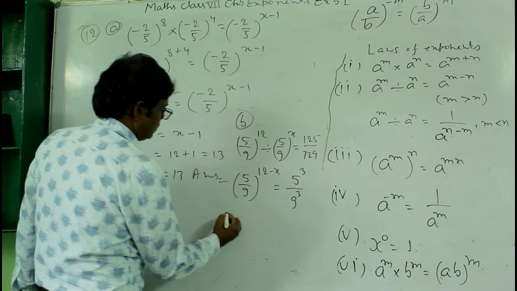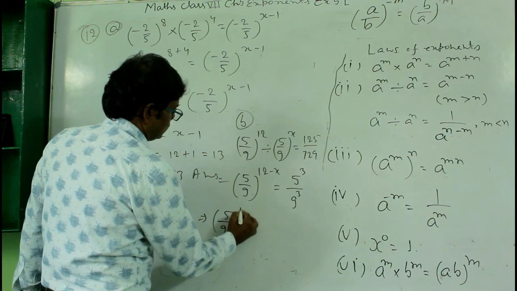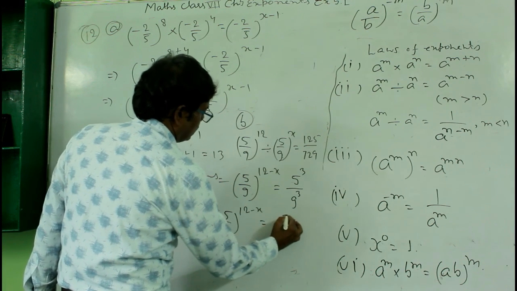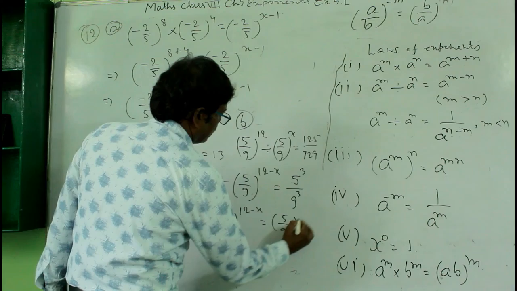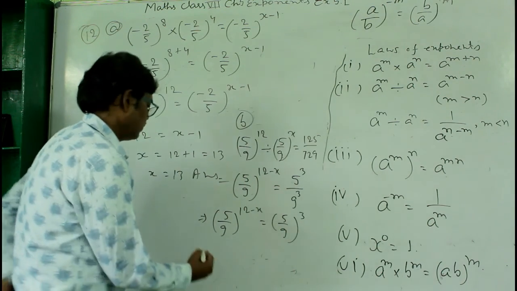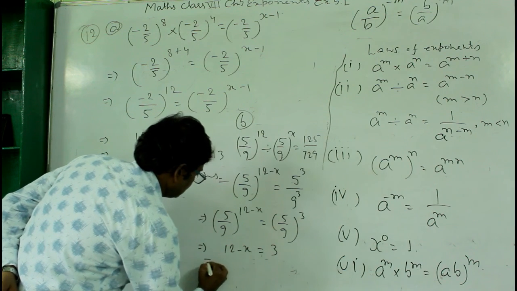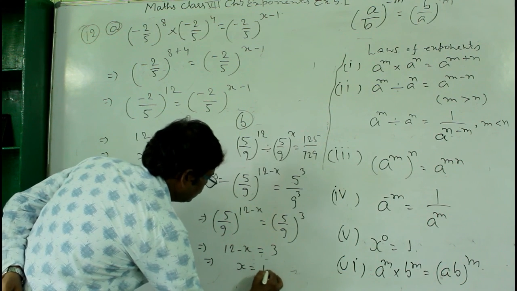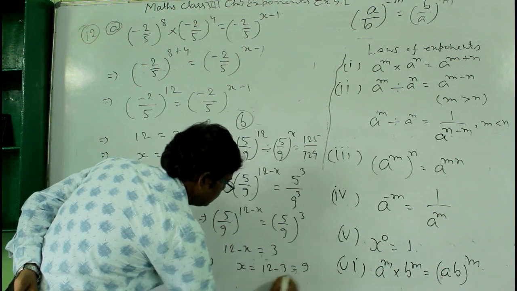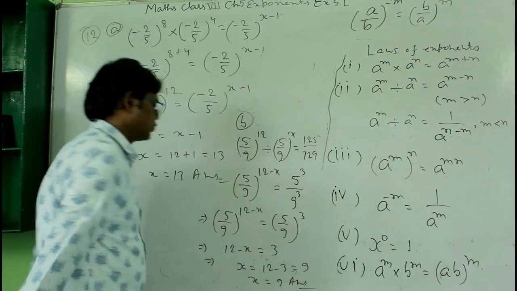So then you have 5 by 9 to the power 12 minus x equal to 5 by 9 to the power 3. Now again the base is equal, so the powers will be equal. Then this implies x equal to 9. So x equal to 9 is the answer of this question.